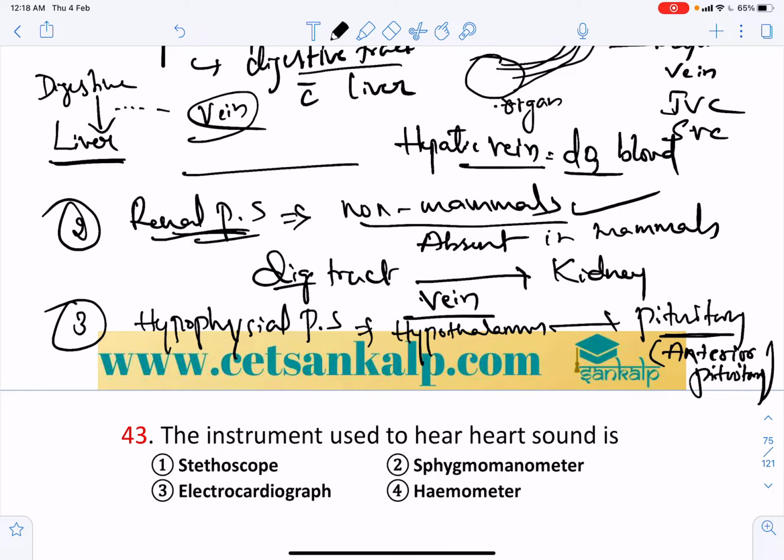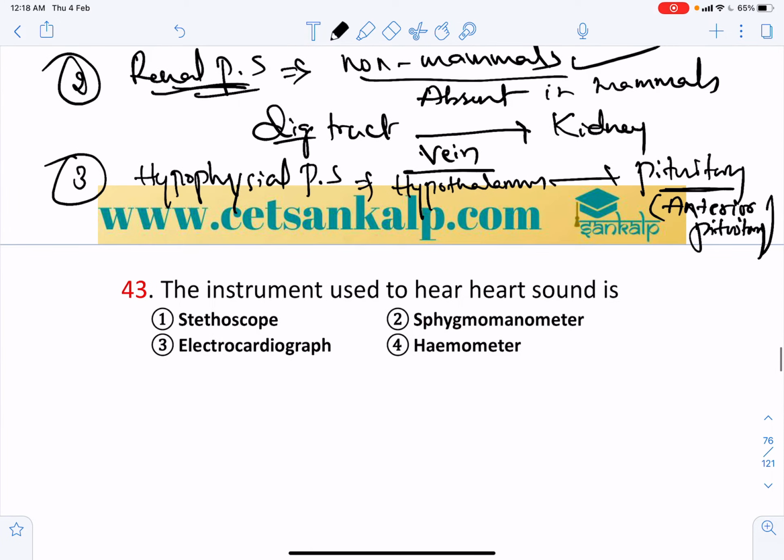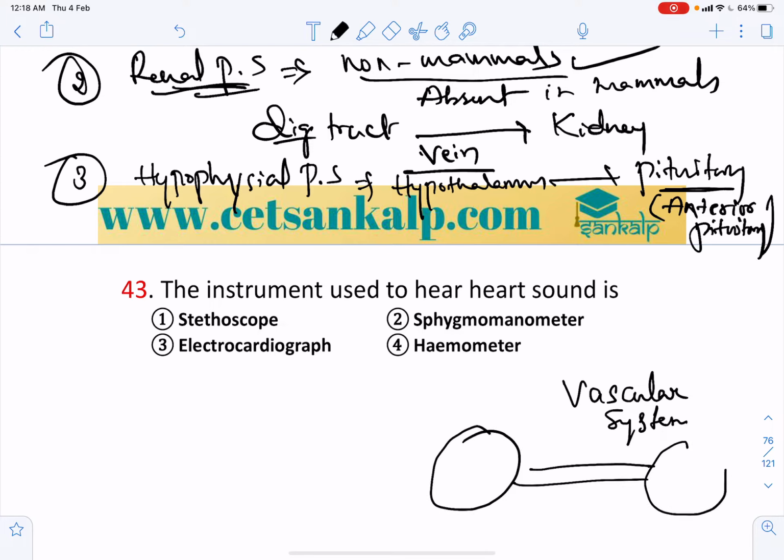So these are the things you have to keep in mind in the case of the portal system. It is a unique vascular system where, as I mentioned, there will be a connection from one organ to another organ, right? The major visceral organ, the digestive tract, with the liver is called the hepatic portal system.